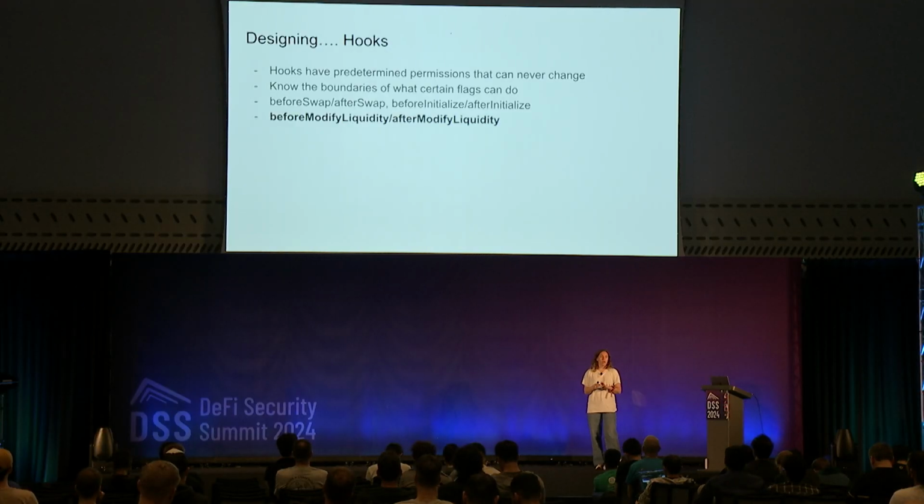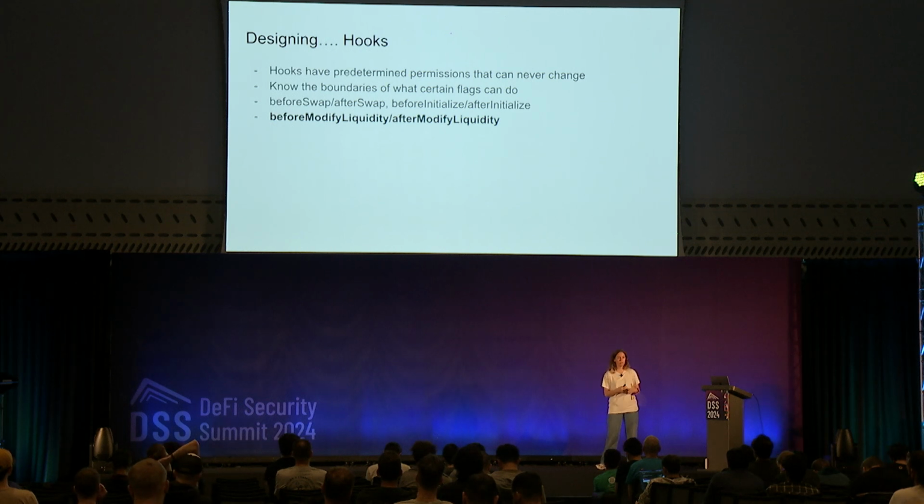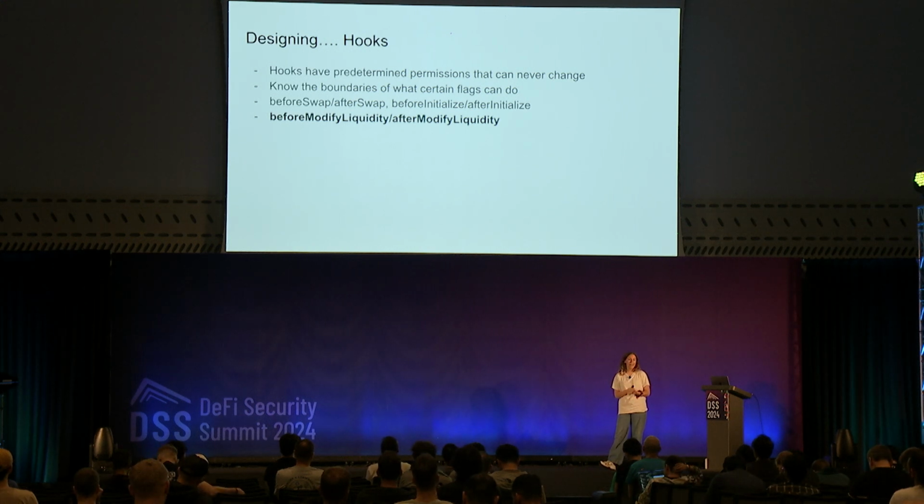We had a few different designs for how we were going to design this call out to various hooks. So for some context, hooks are addresses defined by a pool creator, and they basically allow the creator to specify at what point in the life cycle of a transaction you can call this external contract.